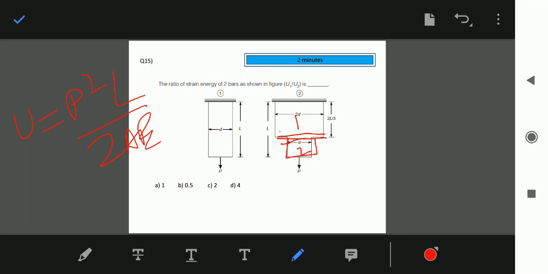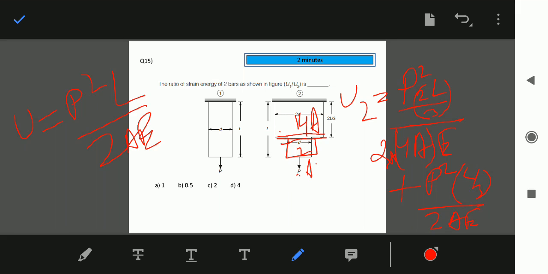Okay, so the first one, area will be pi by 4 d square, and on doing this, if suppose this area is A, so this area will be 4 times A. Okay, so total U2 will be, P will be same, so P square, L is 2L upon 3, divided by 2 into area 4A into E, plus P square, the remaining L will be L by 3, 2AE.